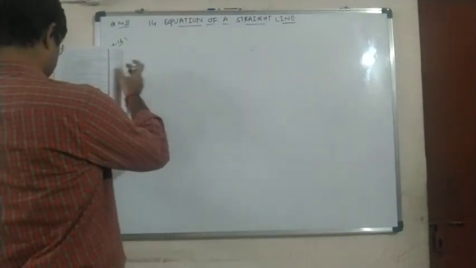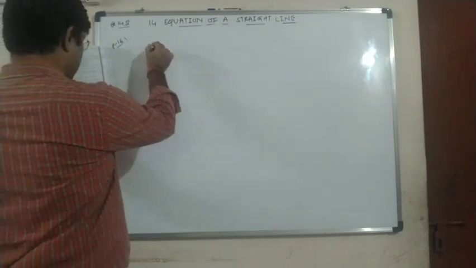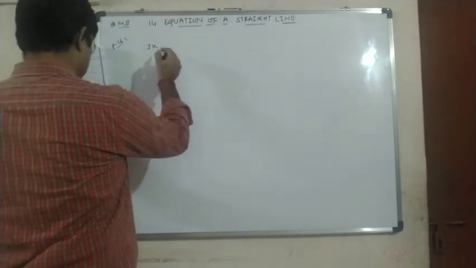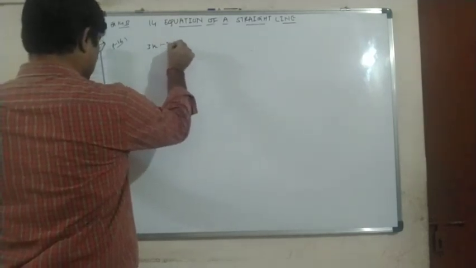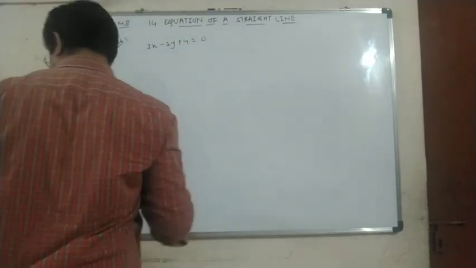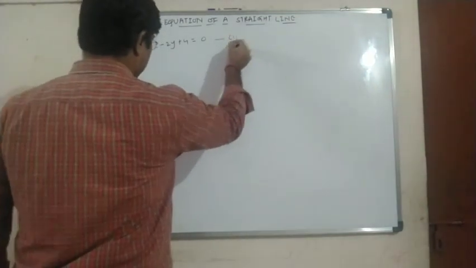In question number 16 we have to find the equation of a line which is passing through the origin and parallel to line 3x minus 2y plus 4 is equal to 0. Okay, this is line 1.